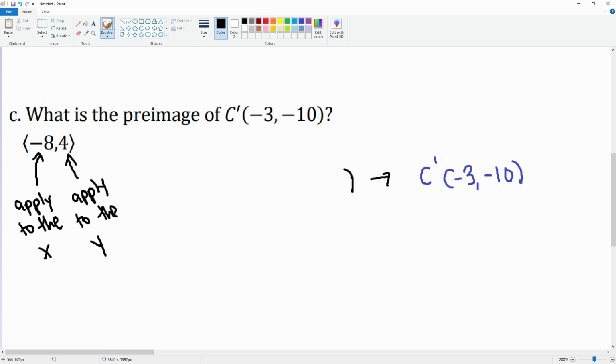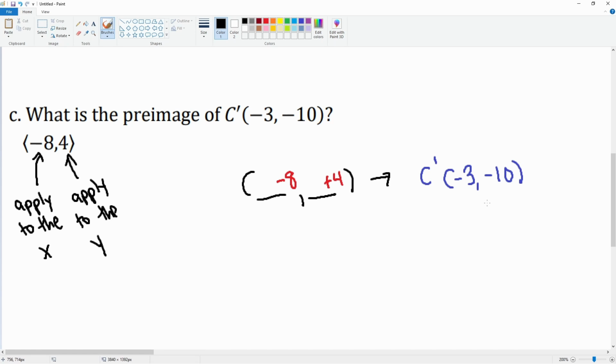Some stuff happened to some points that included a -8 here, and then a +4 here. What are these numbers?